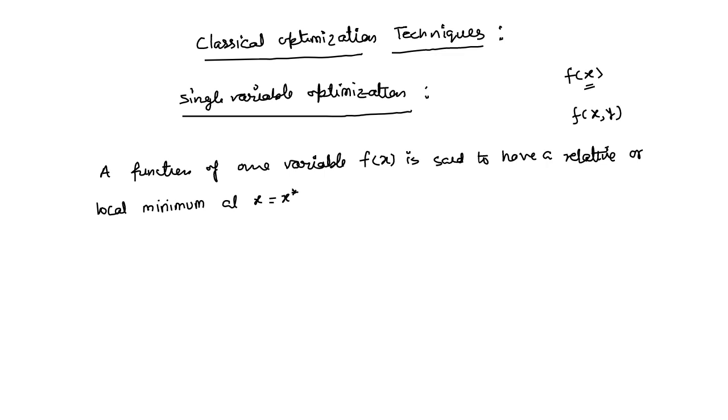So what is the condition for this? The condition is that f(x star), the value at x equal to x star, is less than or equal to f(x star plus h), h being a positive quantity.